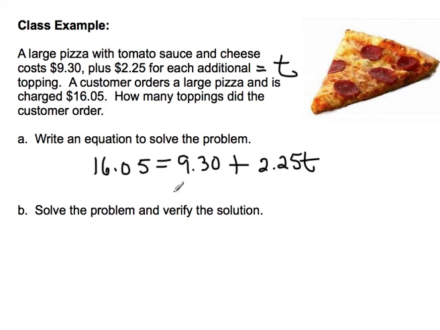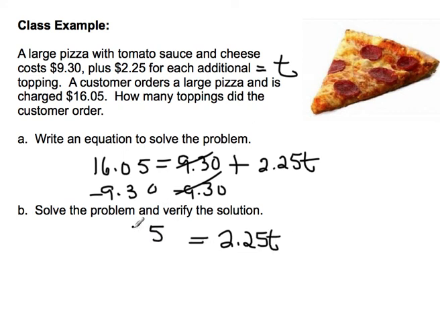So when we solve, I'm going to cheat a little bit. I'm going to subtract 9.30 over here from both sides. That zeroes out on this side, and you get 2.25T will equal 6.75.